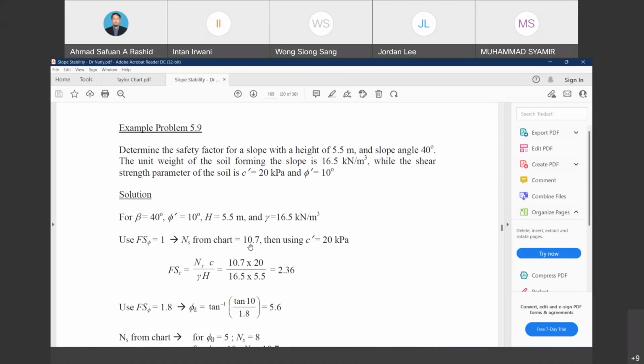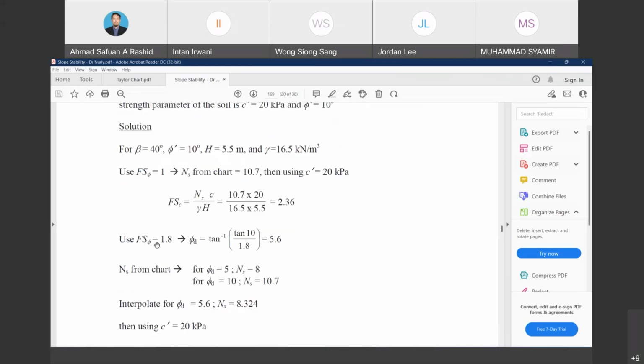With C equal to 20, we then obtain a factor of safety equal to 2.36. So this 2.36 is not equal to the factor of safety of 1.